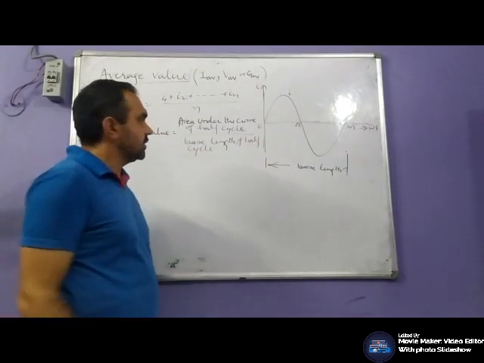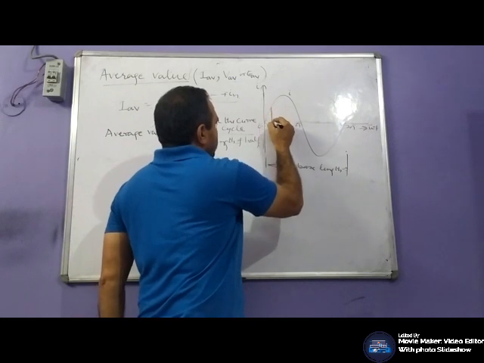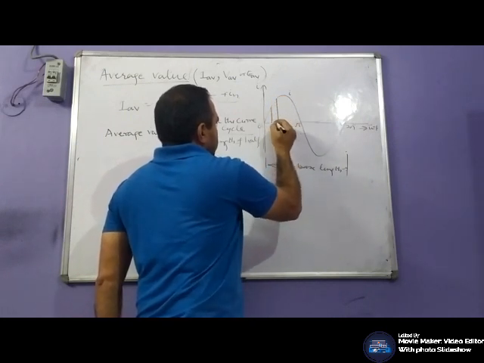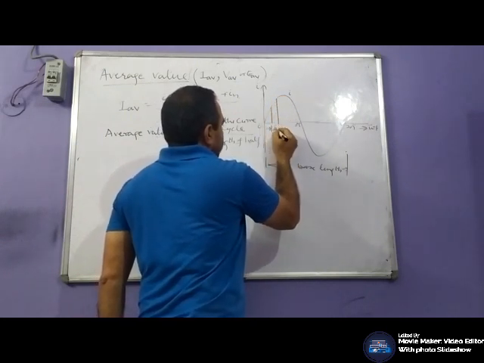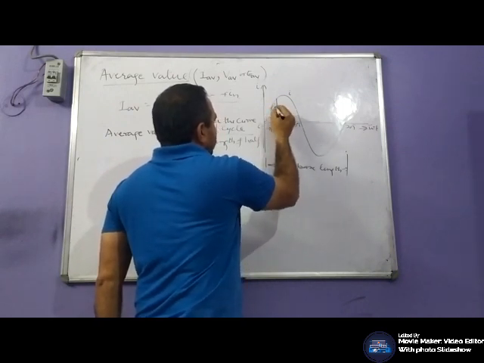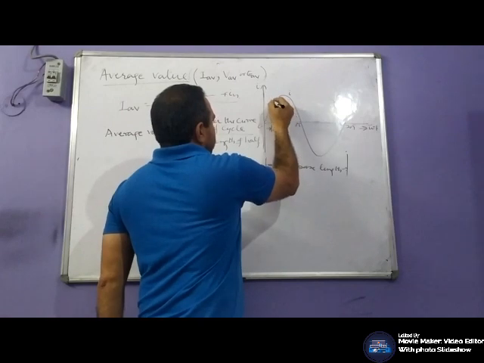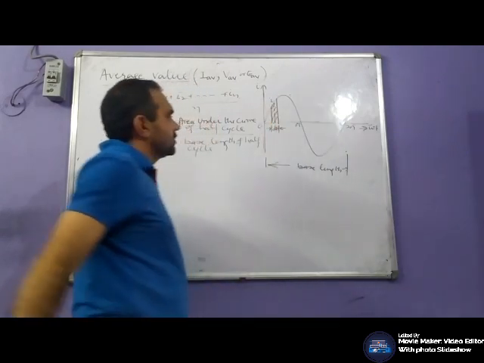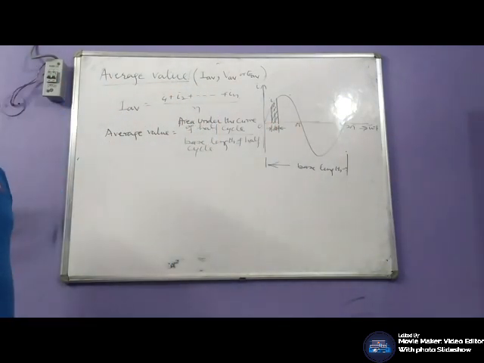Similarly, area can be found out by considering a thickness d theta whose mid ordinate is given by i. So what would be the area of the strip?